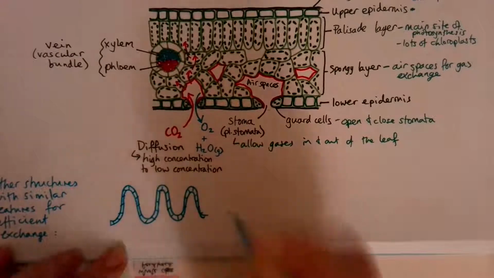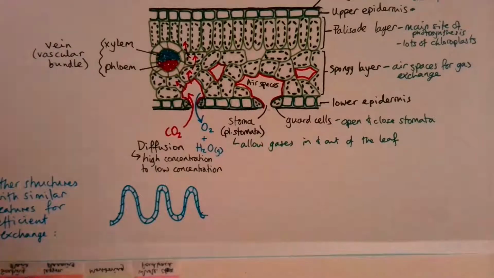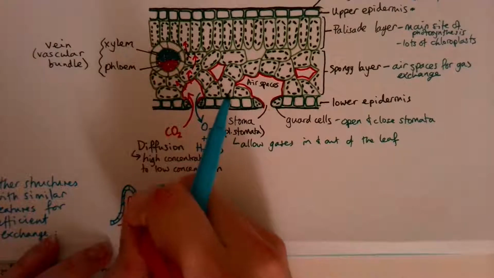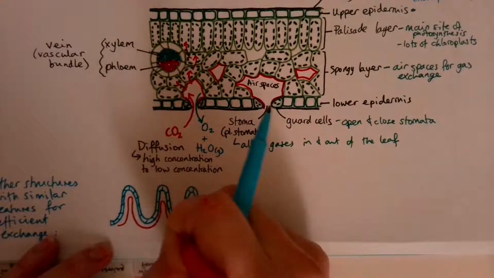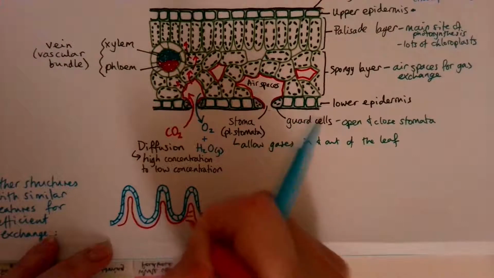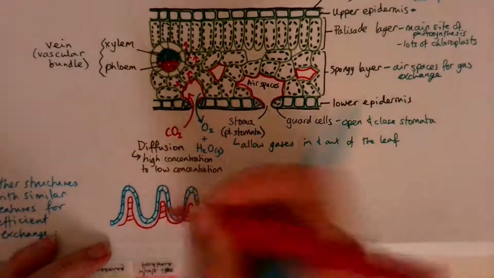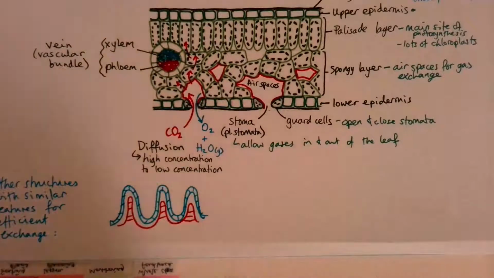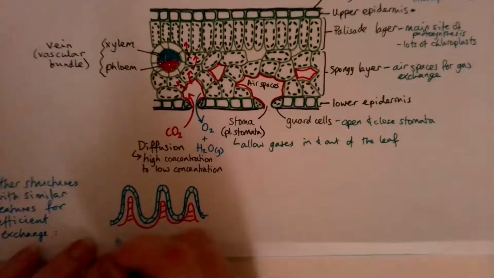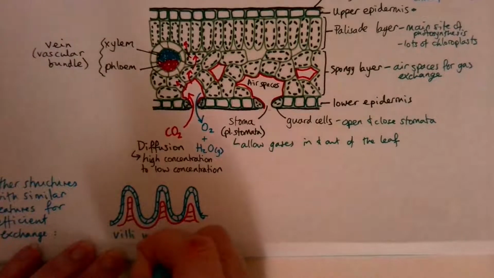And they also have a very good blood supply. So there's lots of capillaries within the villi that are supplying blood, but also are taking away the products of digestion that will be diffusing in. So that's the villi in the small intestine.